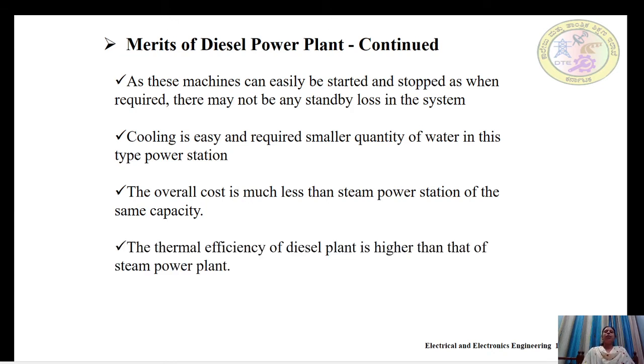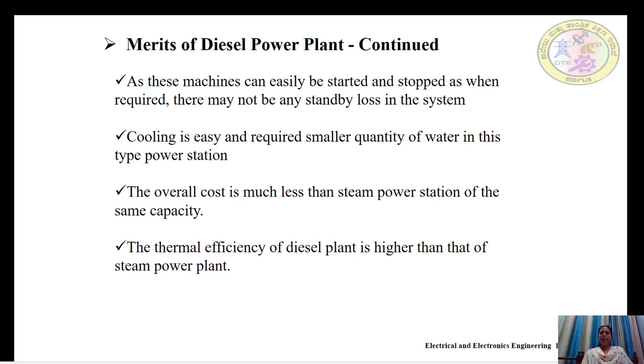Thermal efficiency. The thermal efficiency of the diesel plant is higher than that of a steam power plant. What is this thermal efficiency? The engine efficiency of thermal engines is the relationship between the total energy contained in the fuel and the amount of energy used to perform useful work.